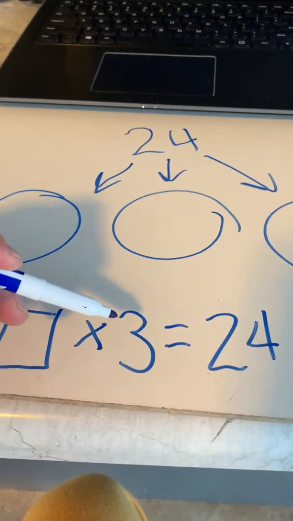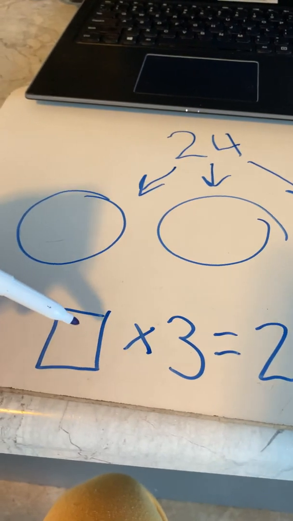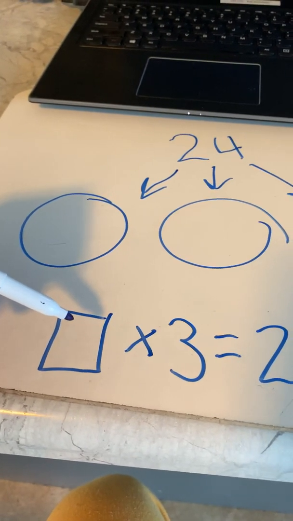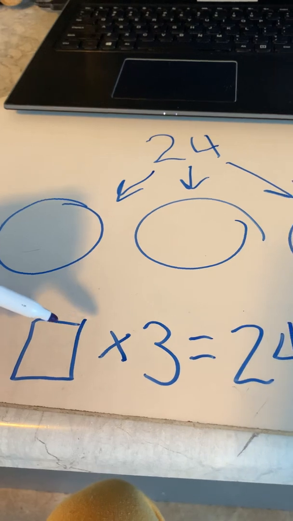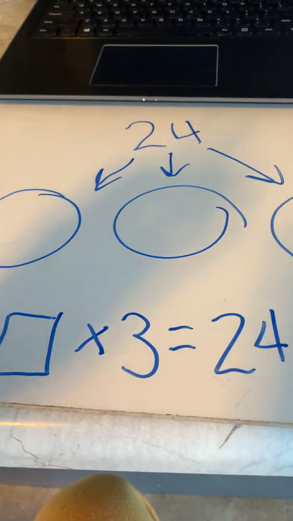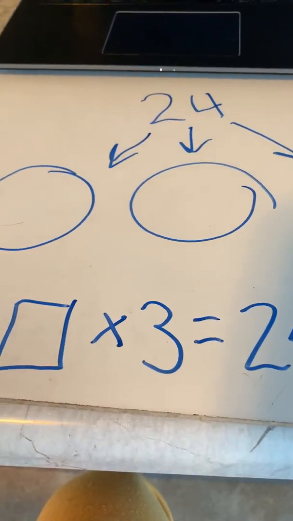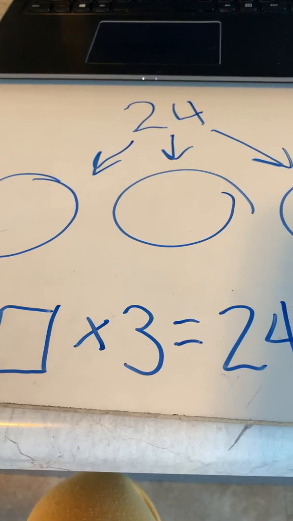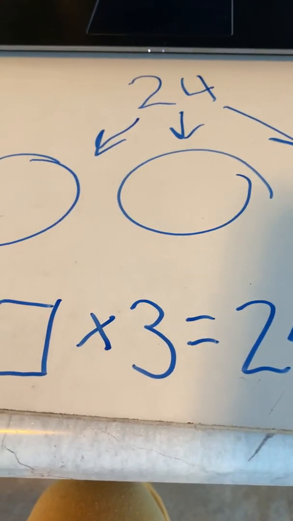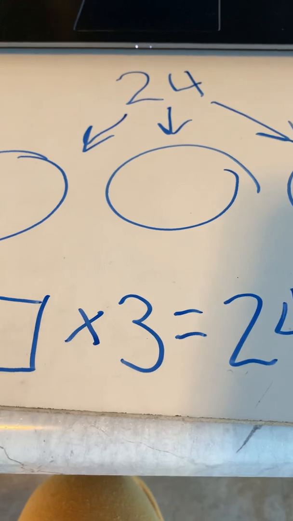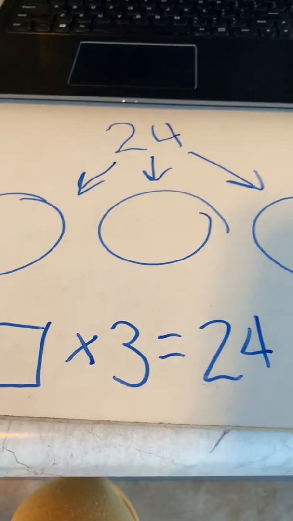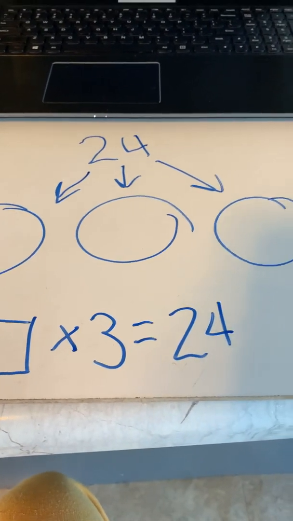If we have a missing factor, we have to divide to find it. Just like in division, if we're missing something, we multiply to find it. Just like if we're adding and we're missing something, we subtract to find it. And just like if we're subtracting and we're missing something, we add to find it. We do the opposite. So let's divide here, 24 divided by 3.